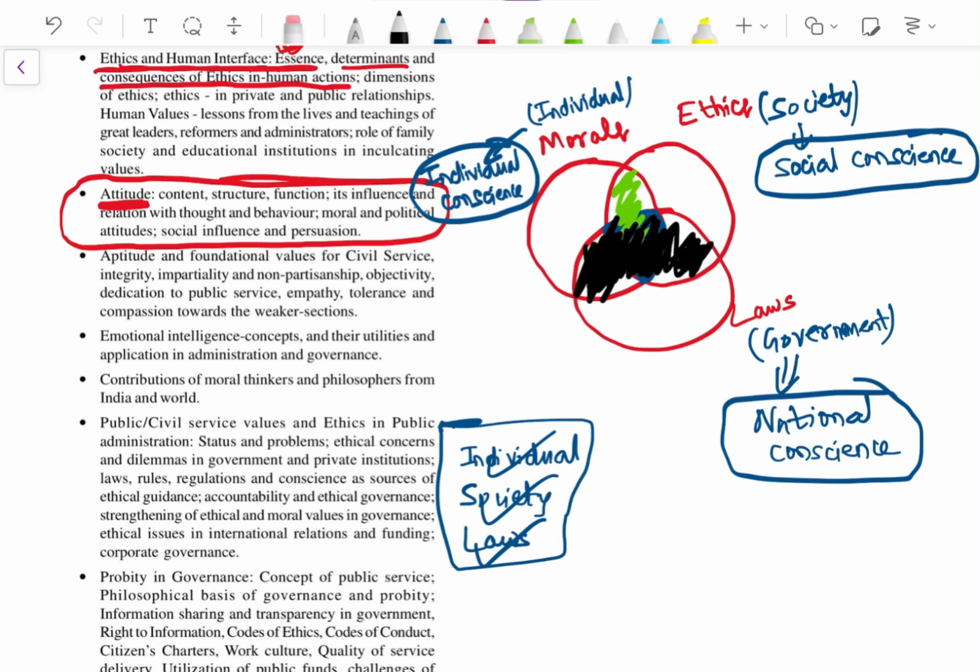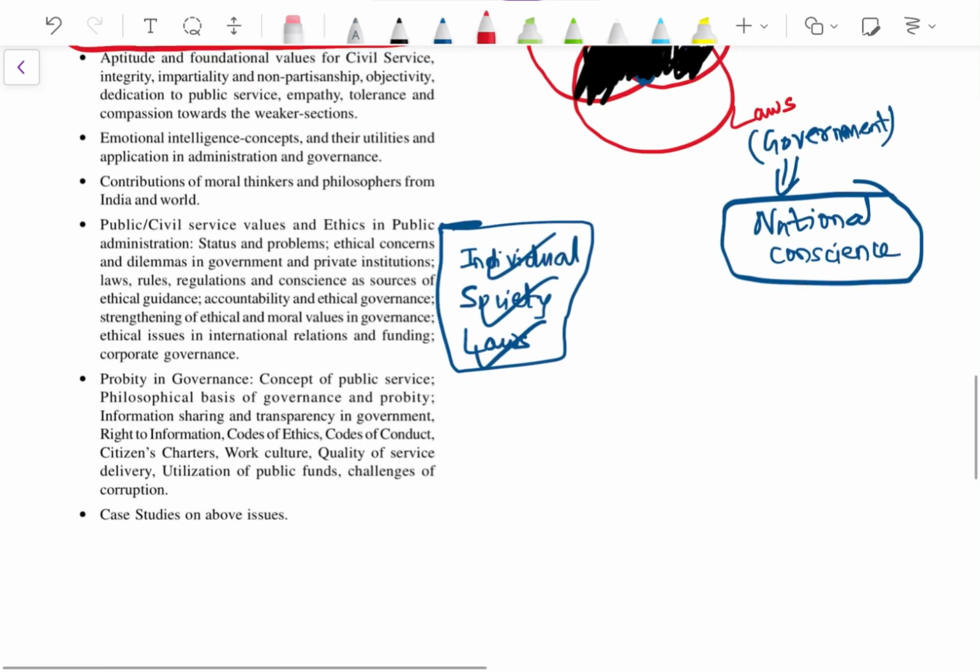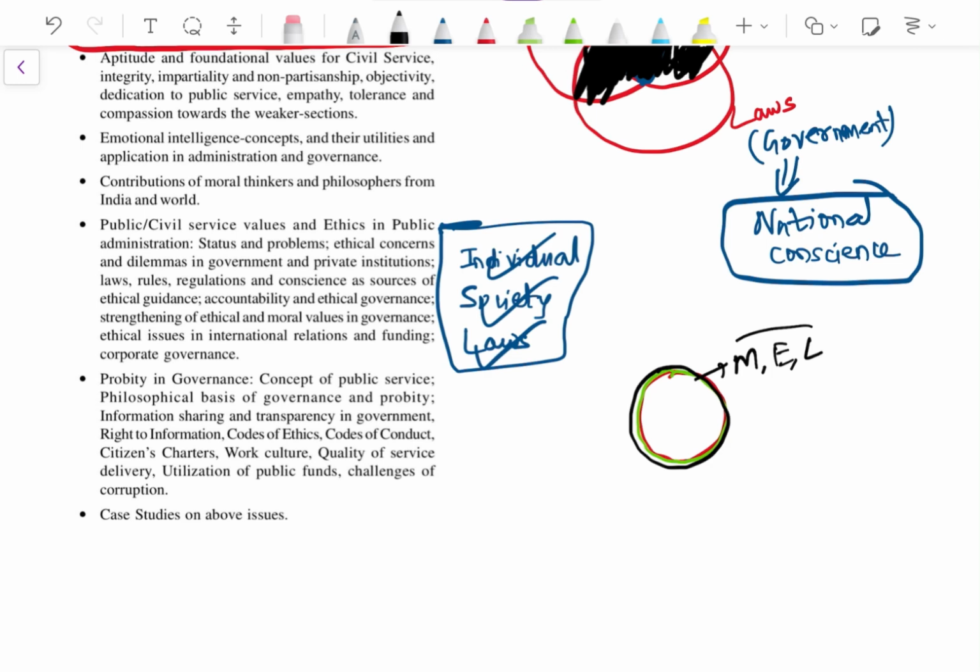If we see an ideal society, morals, ethics, and laws are coordinate; they are the same. Like developed countries, like Scandinavian countries, where persons' morals, society's ethics, and laws made by the nation are in consonance with each other.